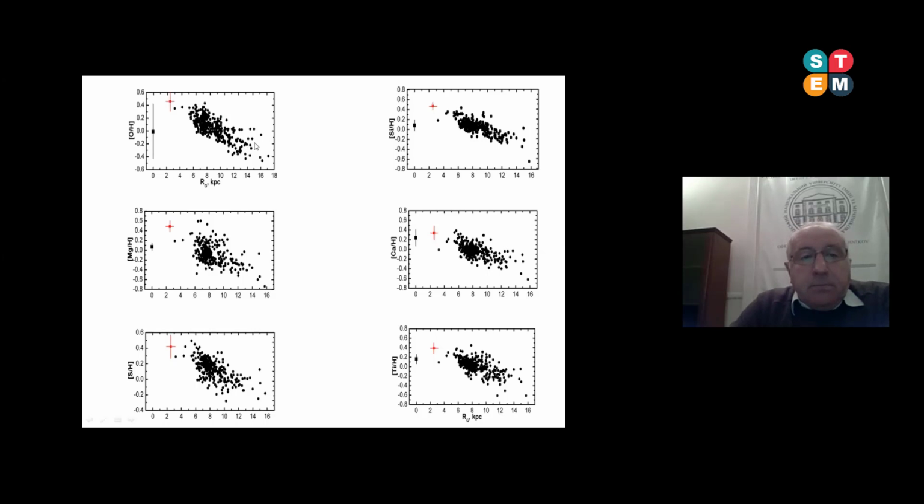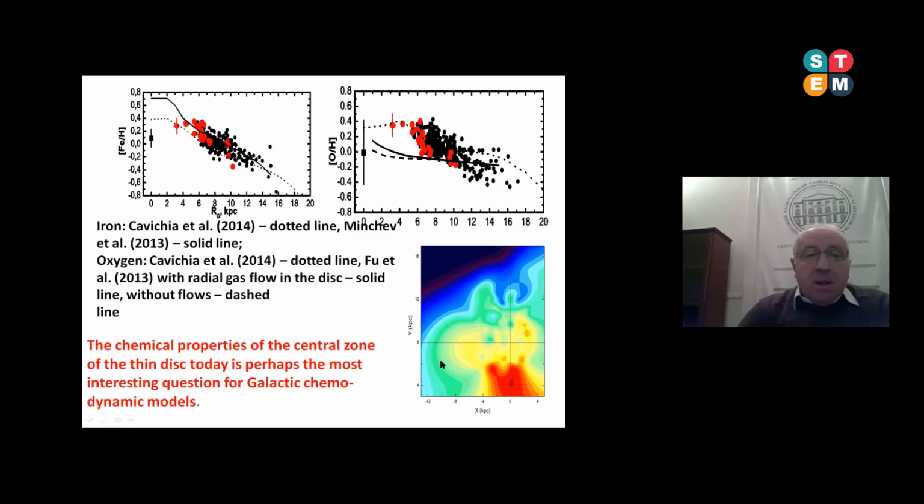So this is for oxygen, silicon, magnesium, calcium, sulfur, titanium, and finally iron. So you see an interesting feature. Metallicity increases toward the galactic center.